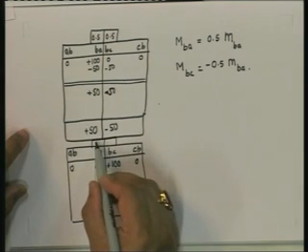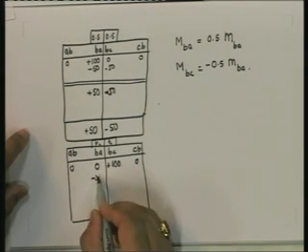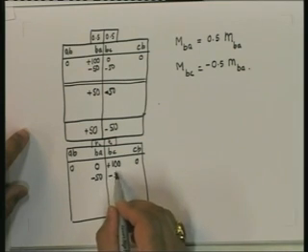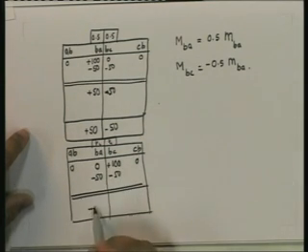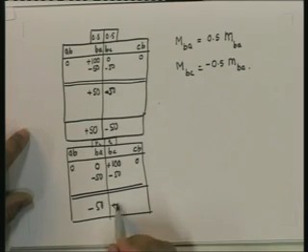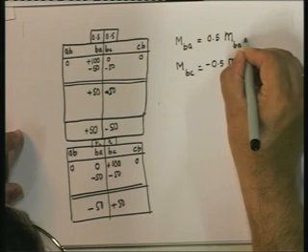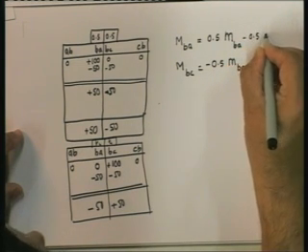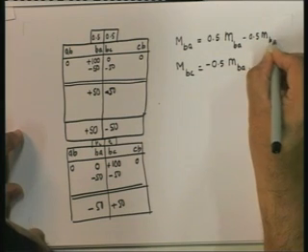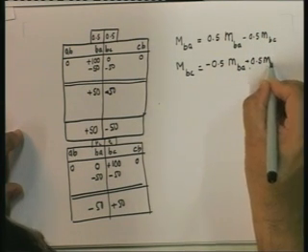Again, the half, half. So this is going to be minus 50, minus 50. And that's done it. This is minus 50, plus 50, and therefore this is going to be minus 0.5 fixed end moment, and this is going to be plus 0.5.